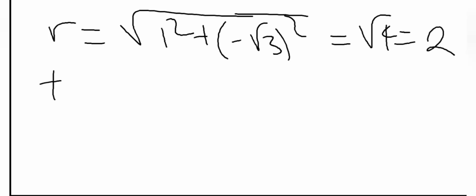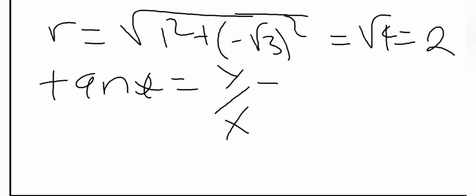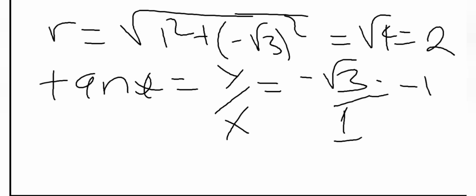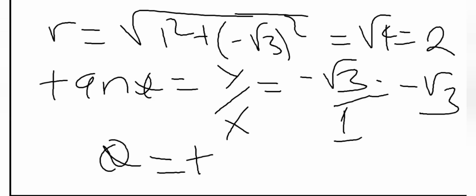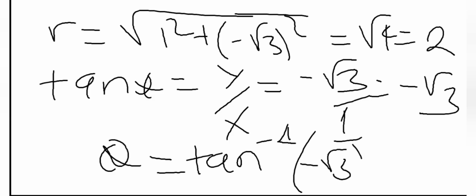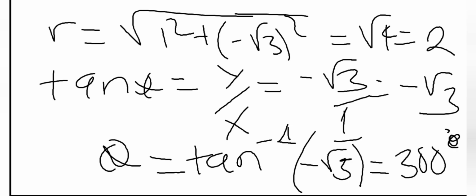The angle in this case, we get y over x, and we'll have here tan theta equal to the negative of root 3, which follows, which is 300 degrees. So we even now confirm to say 300 degrees is in the fourth quadrant, isn't it?